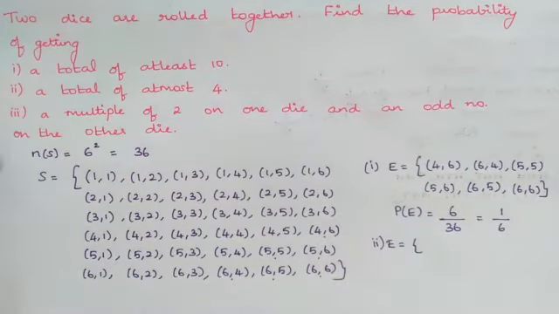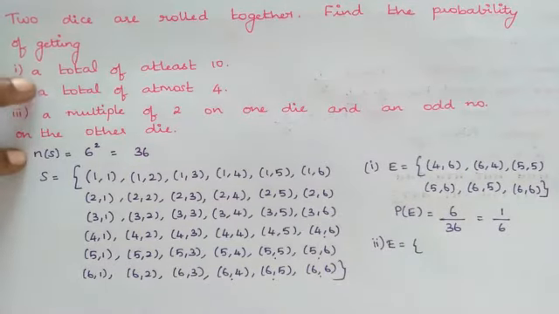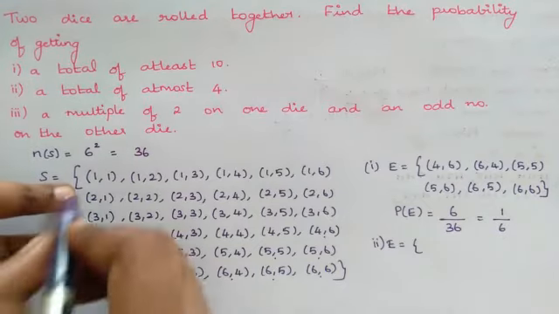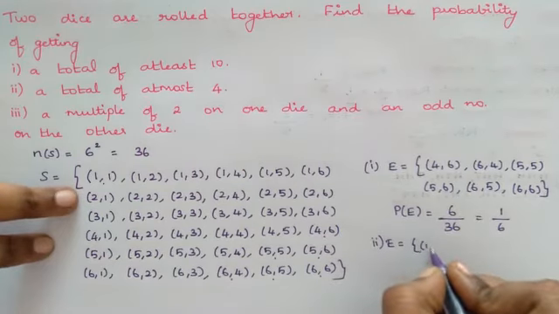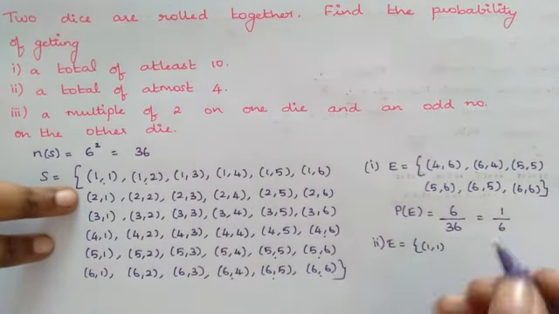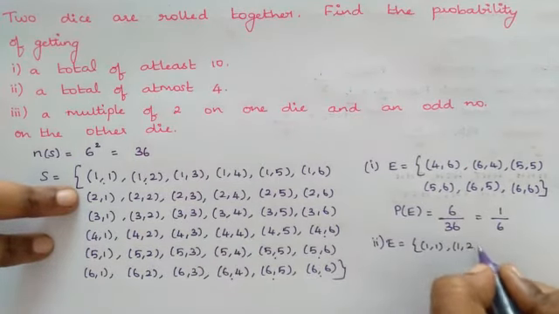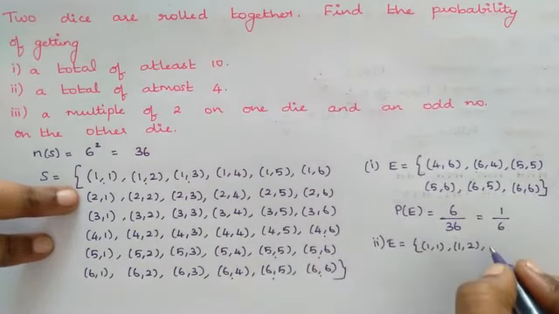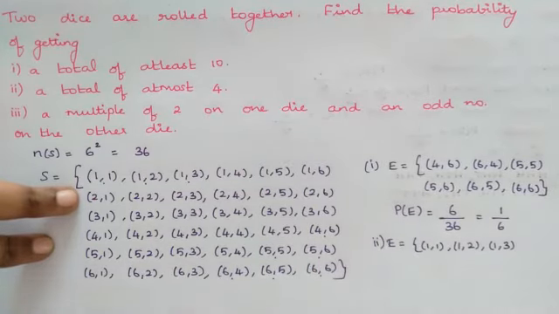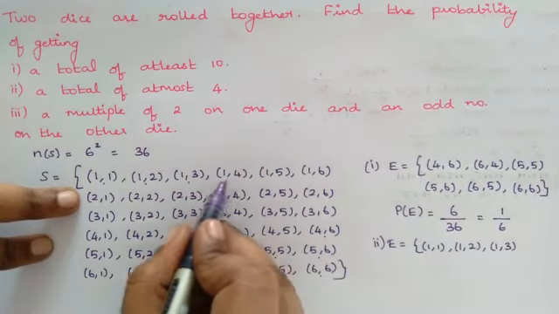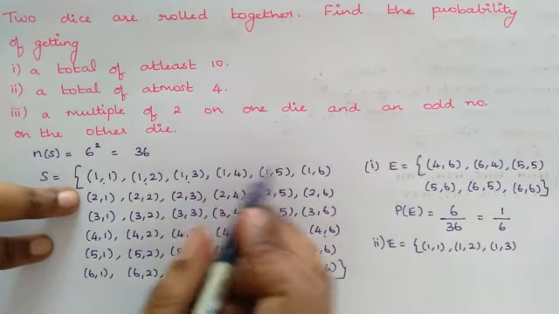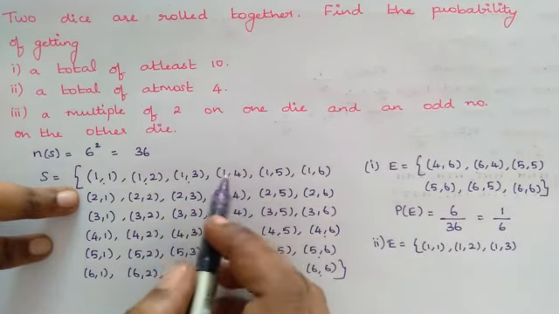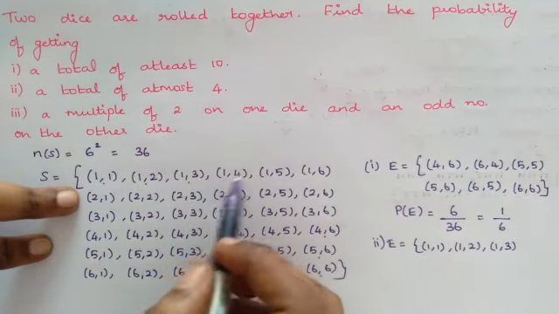The event of getting at most 4 as the total. Okay, so 1 comma 1 the total is 2, 1 comma 2 the total is 3, 1 comma 3 the total is 4. Okay, 1 comma 4, the total becomes 5, it is greater than 4, so we are not including this.